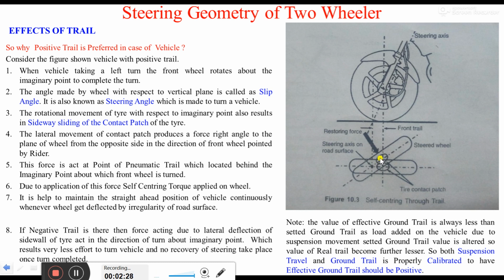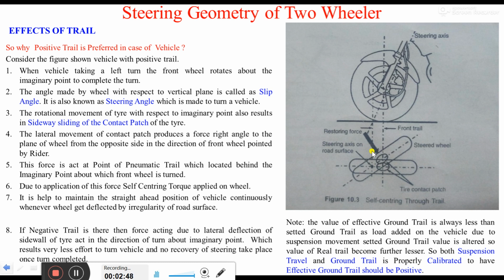Okay, pneumatic trail is a point on the tire located above the contact patch. So somewhere above our contact patch on the tire width it is available. That point is called the pneumatic trail.